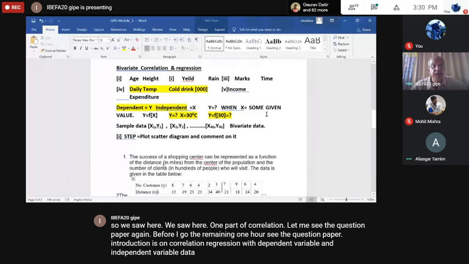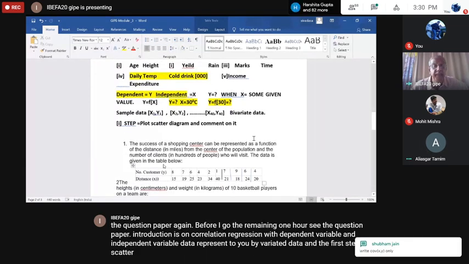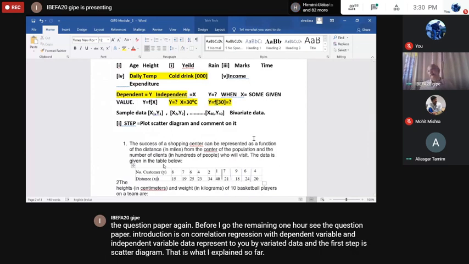Data represented as bivariate data, and the first step is the scatter diagram. First step is to plot the scatter diagram and comment on it.